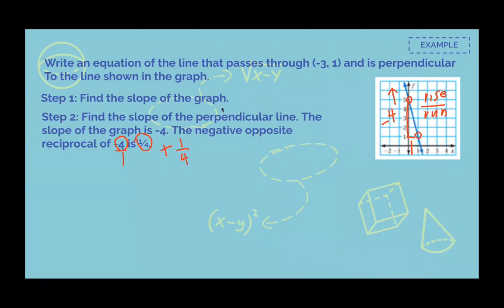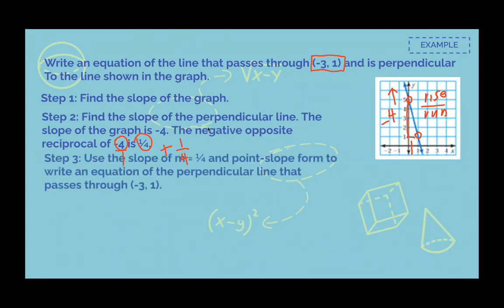Now that you have that, plug this into your equation and make sure that you're using the point that they gave you for that line. We know that the line passes through (-3, 1). So plug that in to find the y-intercept. -3 will be x, 1 will be y.